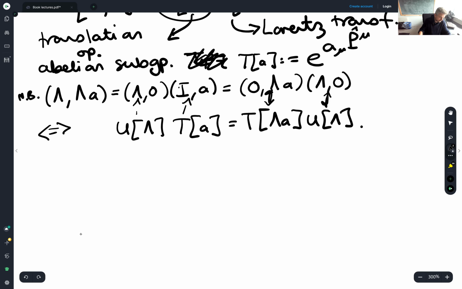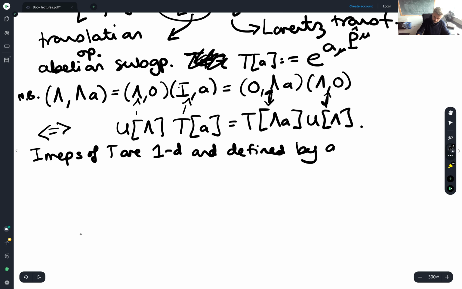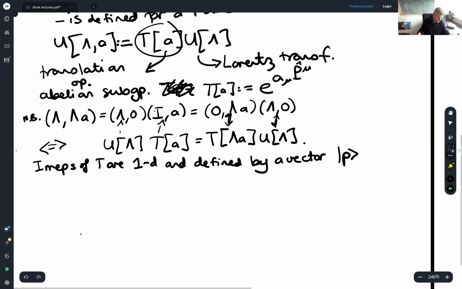Okay, so irreducible representations of T are one-dimensional. And they're defined by a vector, which we're going to call little p, a ket with little p in it, such that, I'm now going to call the operator, I called it with hats before, but I'm going to omit the hat.